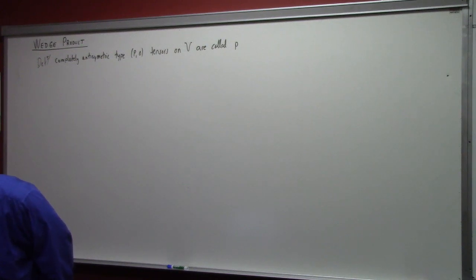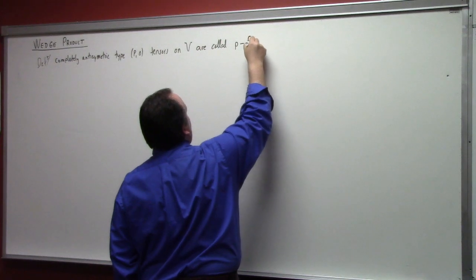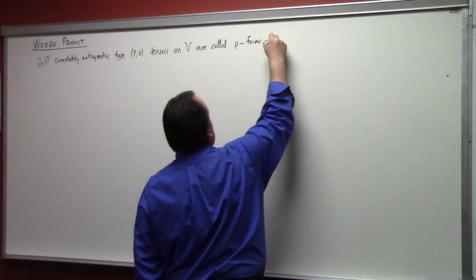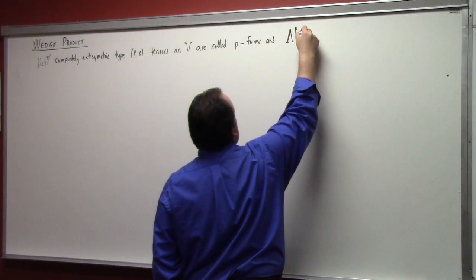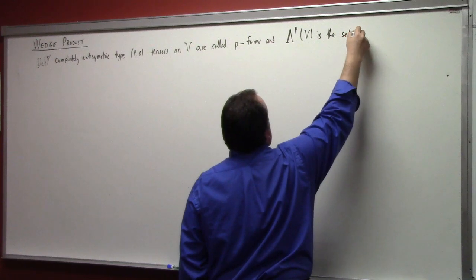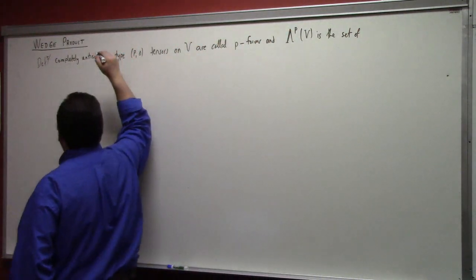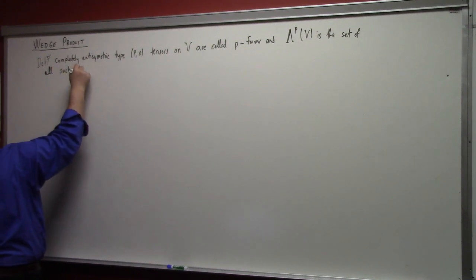I would usually call it a P form. And lambda upper P of V is the set of all such tensors.